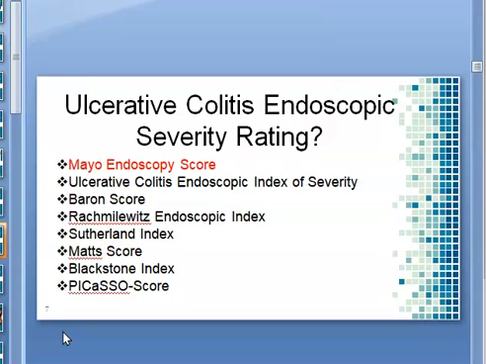There are actually many methods, including the Mayo Clinic endoscopy score, MES, which is the most commonly used in clinical practice as well as in clinical trials, besides others like the Baron score, the Max score, the Blackstone index, and so on.